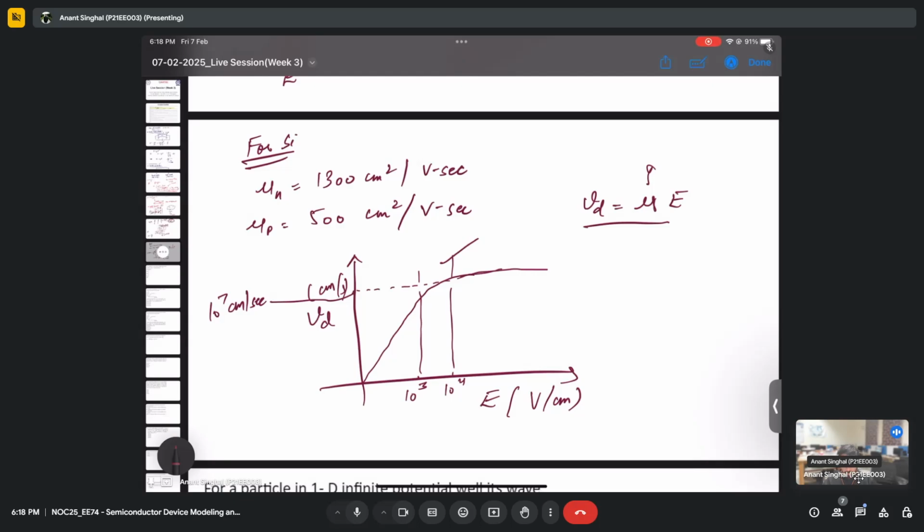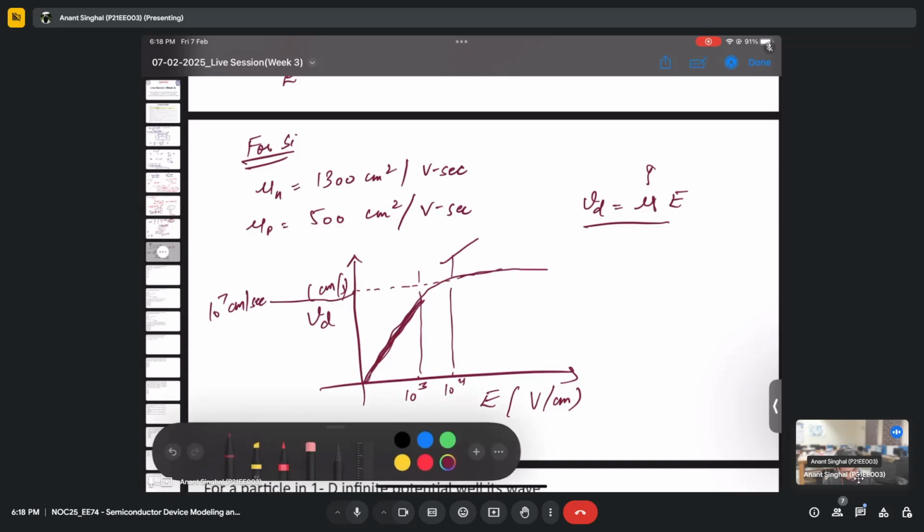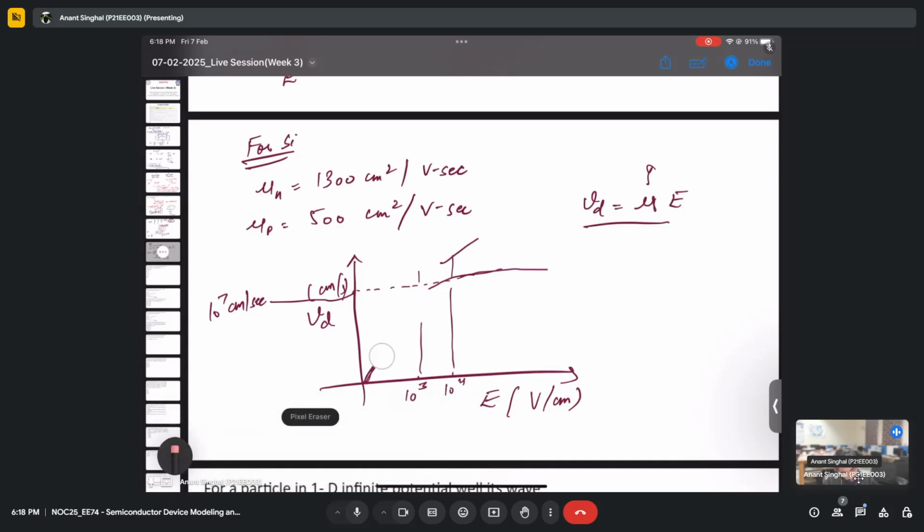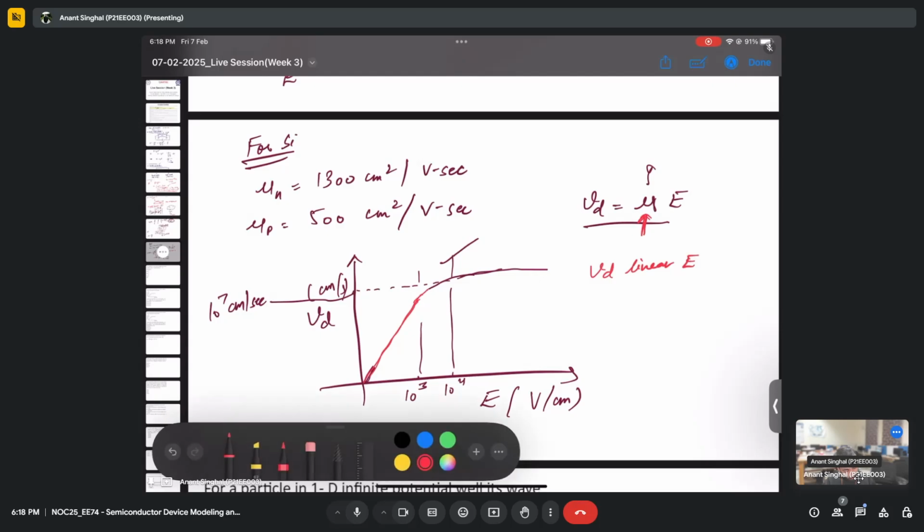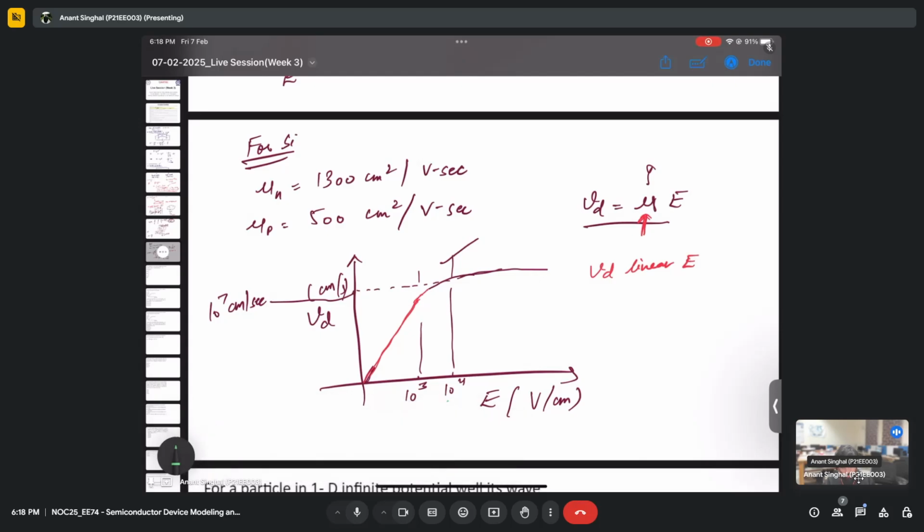So what I can say is that for a smaller electric field, like this case, sorry, let me change the color. For smaller electric field, the mobility remains constant, due to which the Vd has a perfectly linear relationship with E. But once I go towards a larger electric field, maybe here, the mobility starts to decrease because we have a certain restraint now.